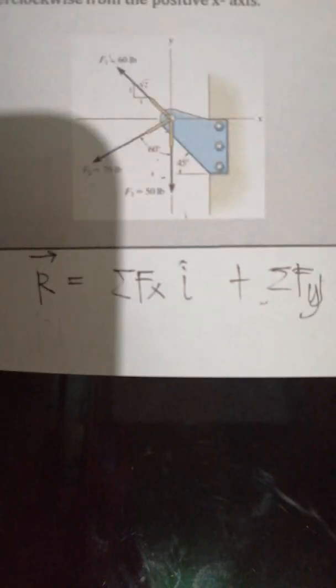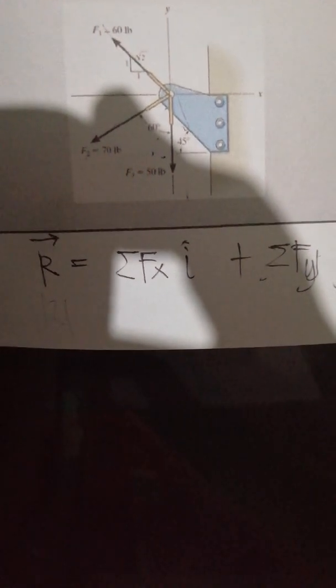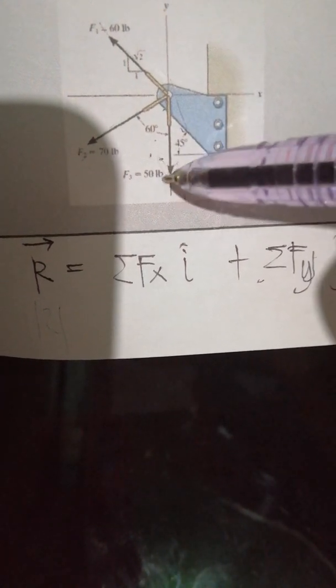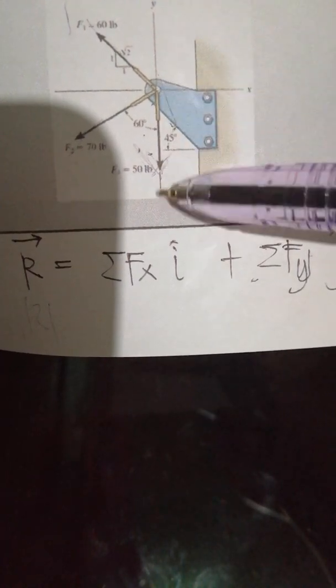Okay? So, I will give you a hint. If you have a vector that lies directly on the y axis, it has no x component. It has no i hat. And its j hat is automatically the magnitude itself.